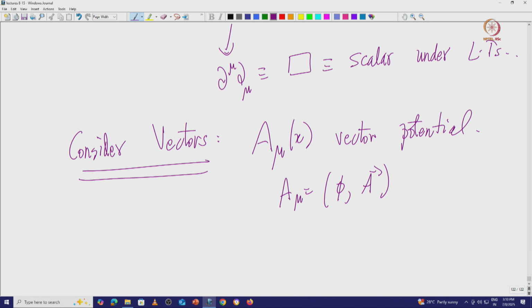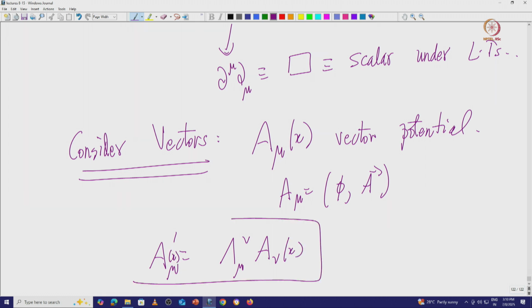Now how does this vector potential transform? A'_mu under Lorentz transformations is Lambda_mu^nu times A_nu(x).